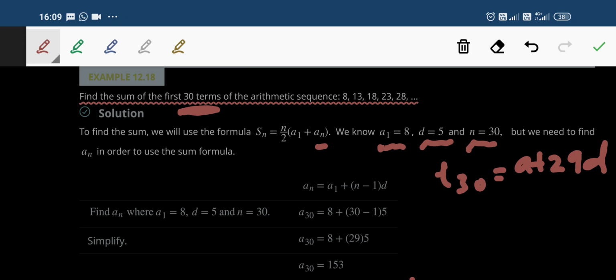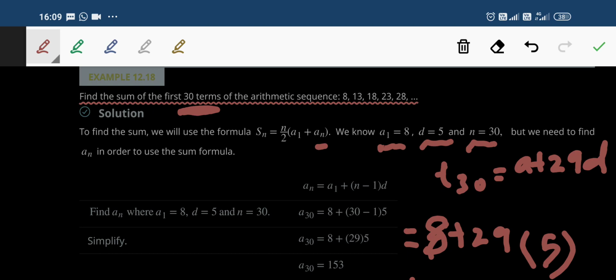Here a is 8 plus 29 times 5. So we have done it here, and we have added 8. So a30 is how much? 153. So a30 is 153.